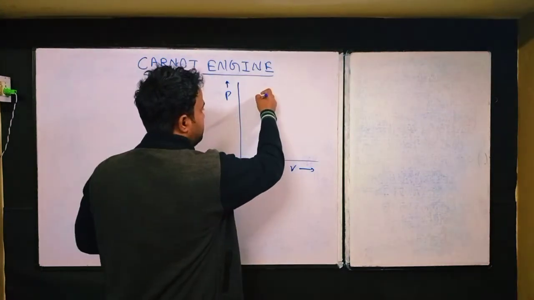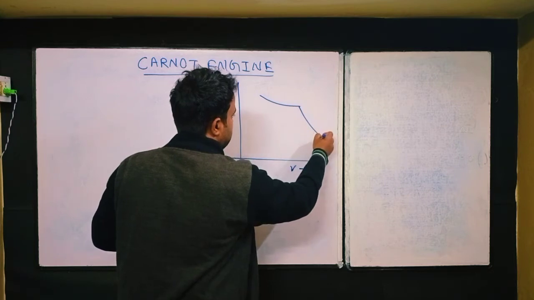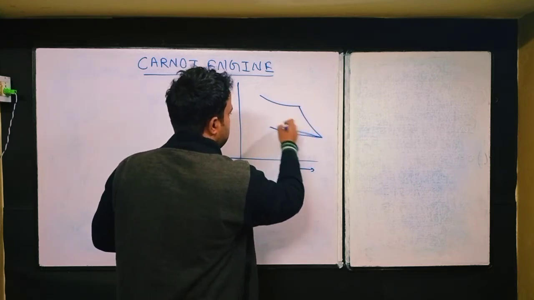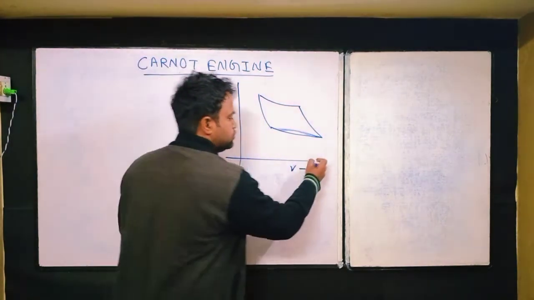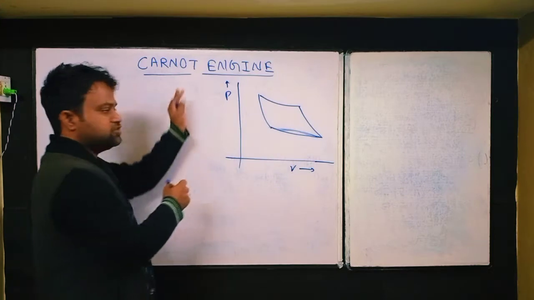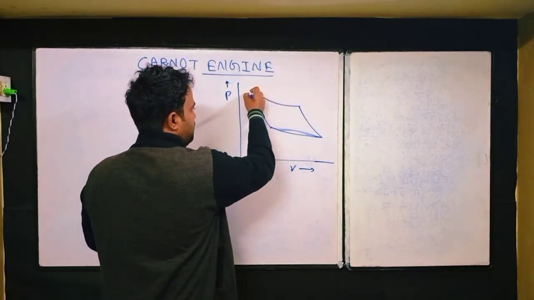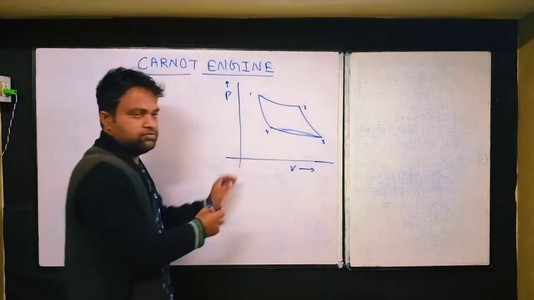First let me draw the graph. Right, so this is a graph which will describe this reversible engine. The process starts from, let's say, this position 1, this is position 2, this is position 3, and this is position 4.